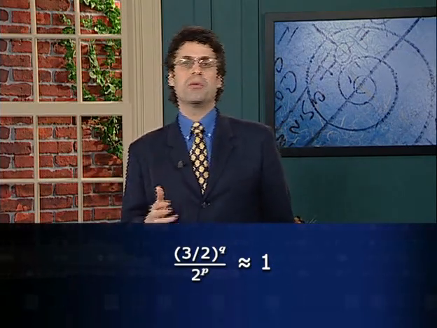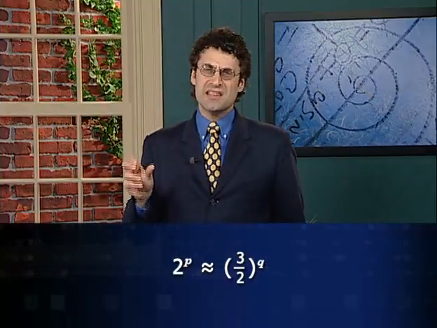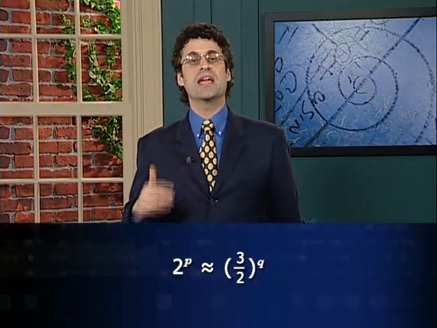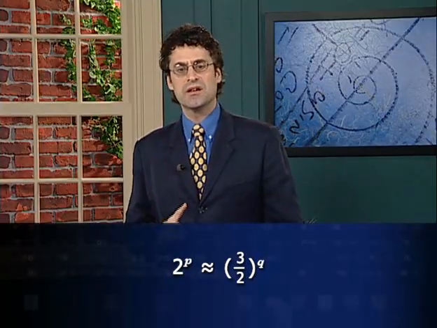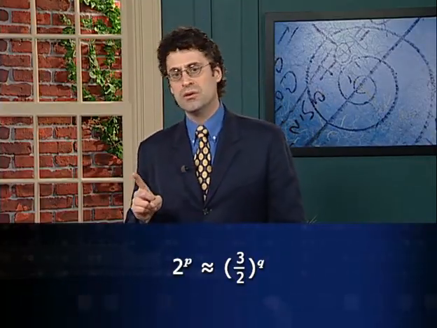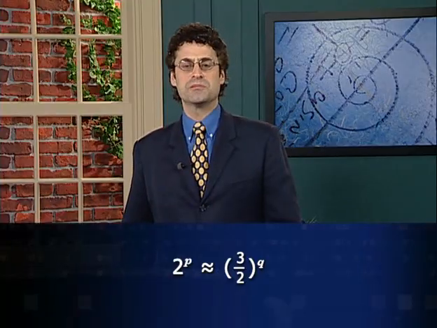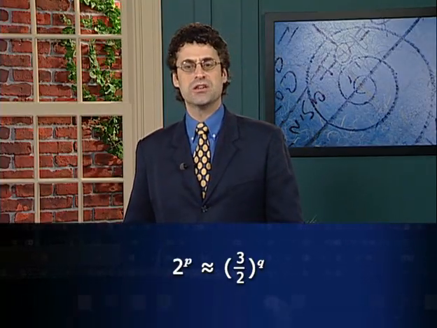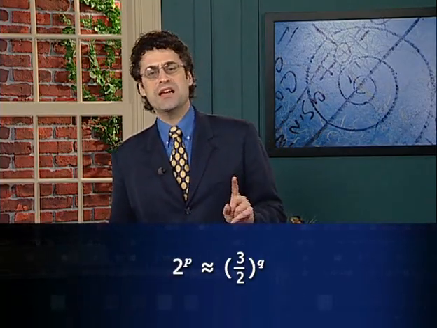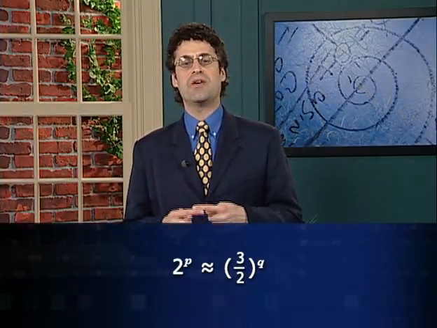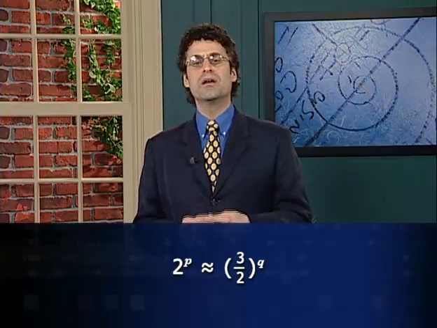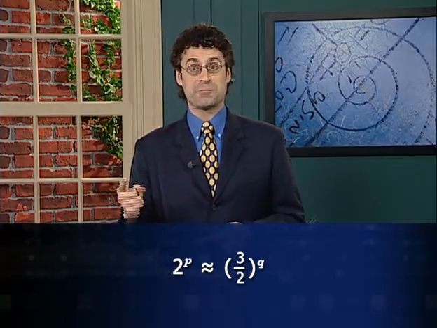And so we could write this out. We could say 2^p is approximately equal to (3/2)^q. Now, notice that p is the exponent we have to raise 2 to in order to approximately equal (3/2)^q. So our approximation can be translated into an equivalent statement involving a logarithm, because remember, a log is an exponent.